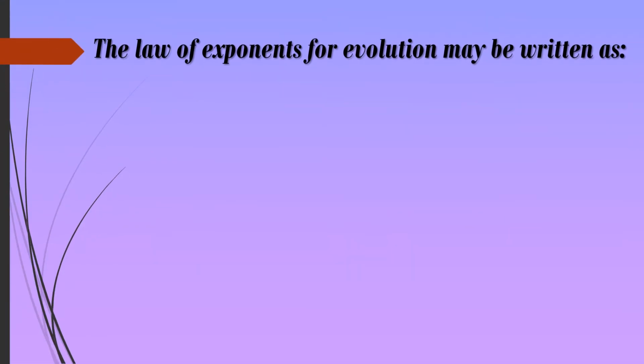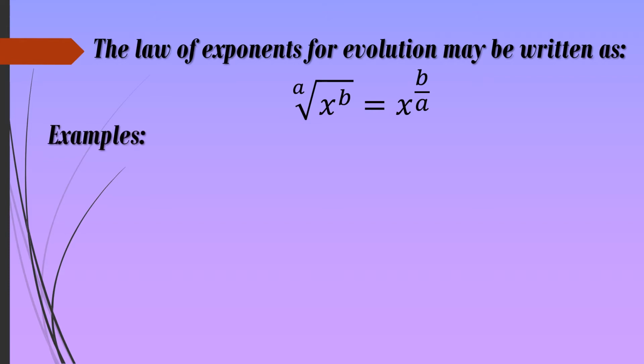The law of exponents for evolution may be written as the a-th root of x raised to b equals x raised to b over a. So let's have this example. First is the square root of 4. So paano ba natin hahanapin yung square root of 4?